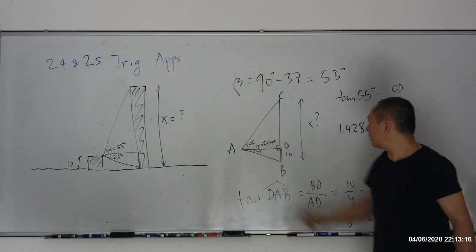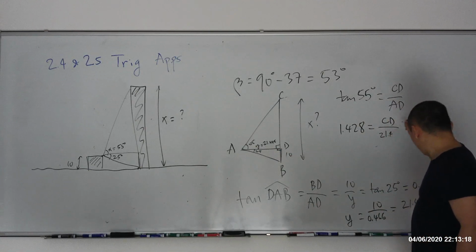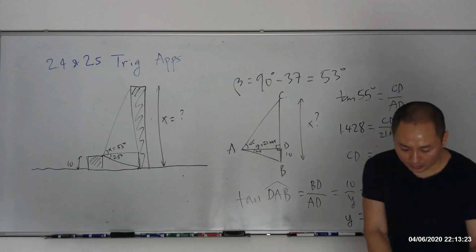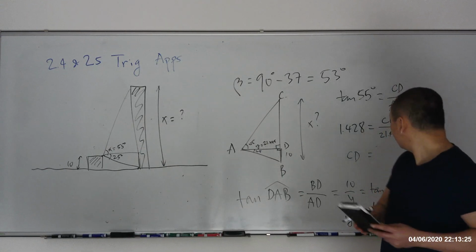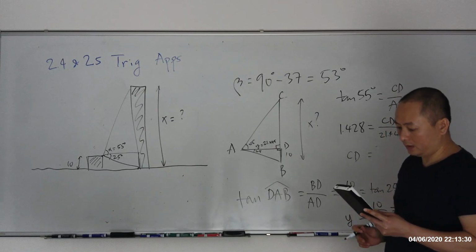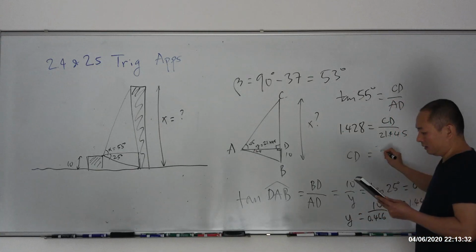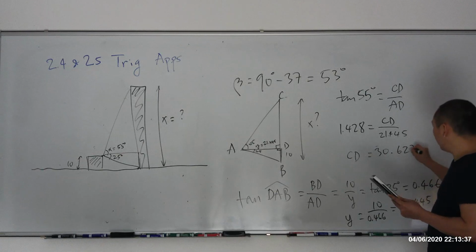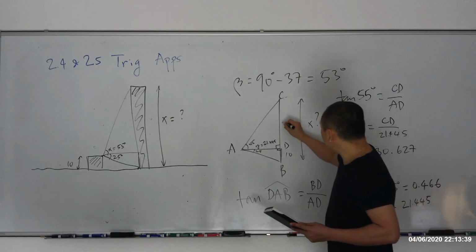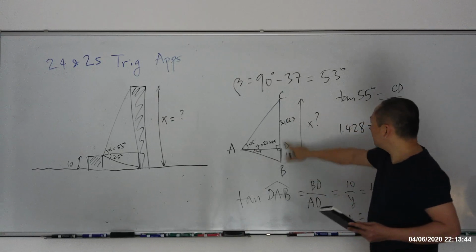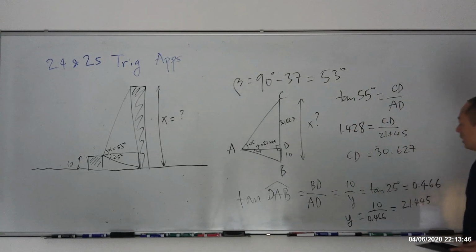And AD, I know this is 21.445. So I can calculate CD. I'll take the answer times 21.445. This is about 30.627. Now I got this one is 10, this is 30.627. All I have to do is add 10 to 30.627, and I'll get my answer.